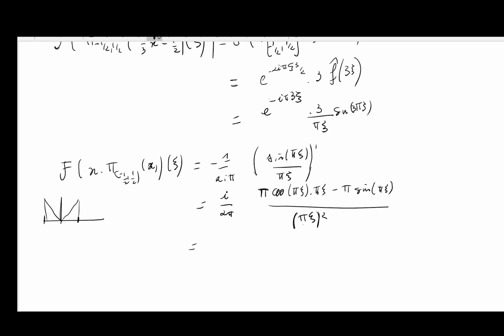So one pi is simplifying, and I get i over 2 pi squared psi squared times pi psi cosine of pi psi minus sine of pi psi. This is the Fourier transform of x times my gate function, and it's much easier to find using that property than to do it from scratch.